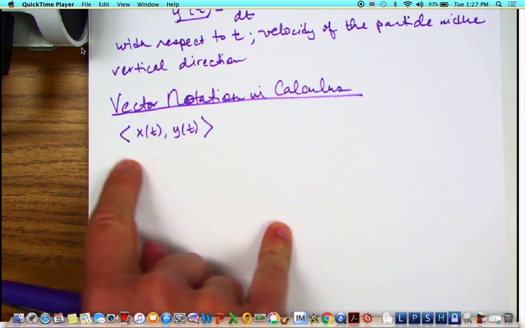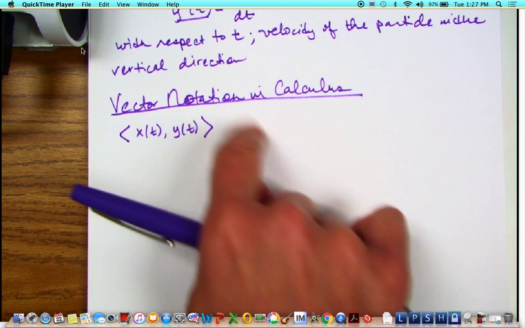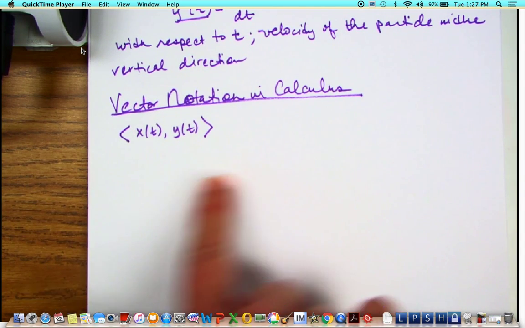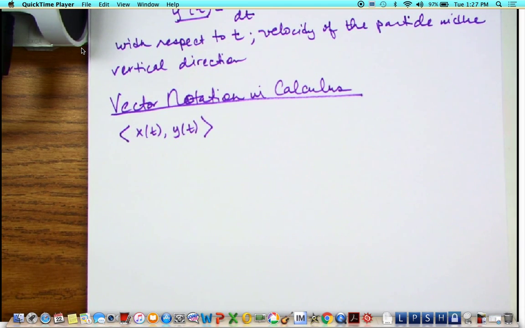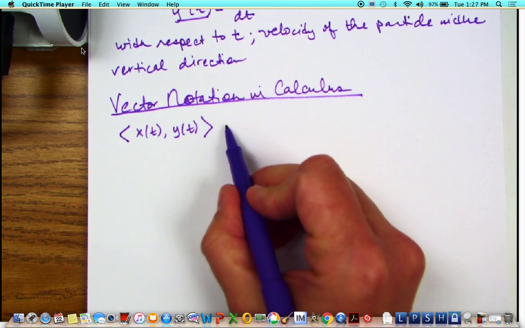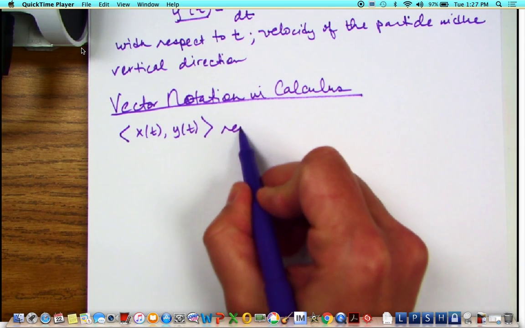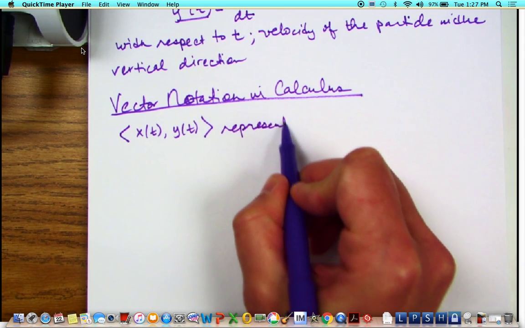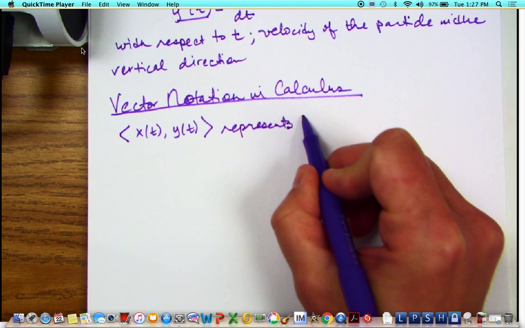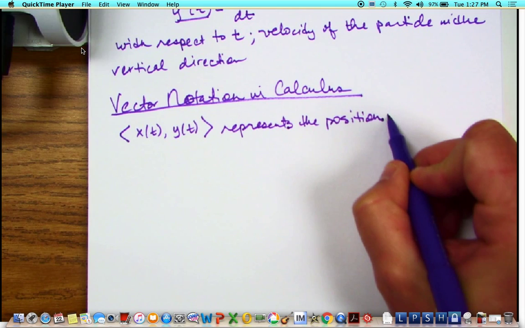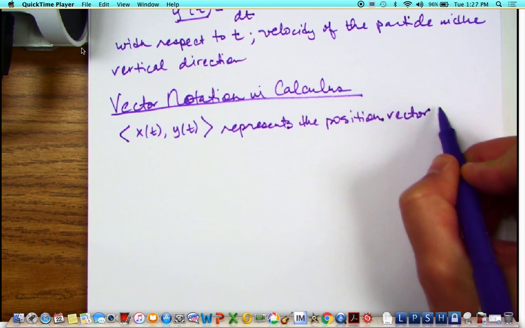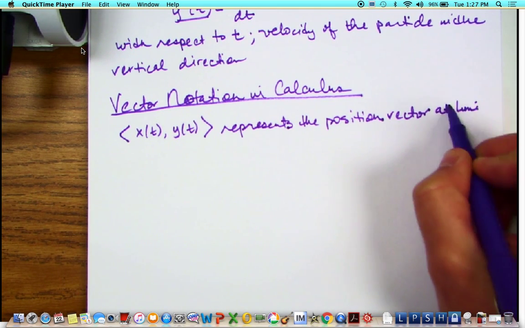So you might see parentheses around them when you're dealing with parametric. Those little brackets, though, indicate that you're talking about a vector quantity. And this would represent the position vector at time t.